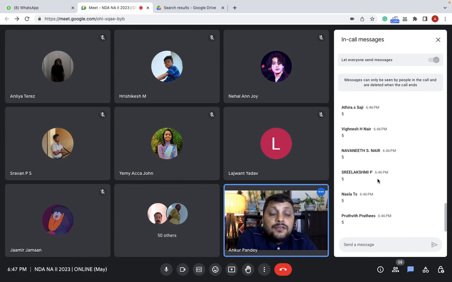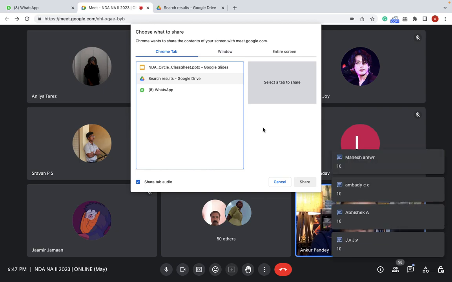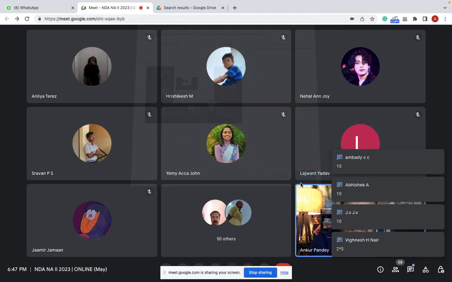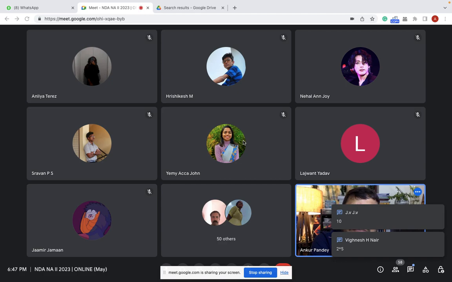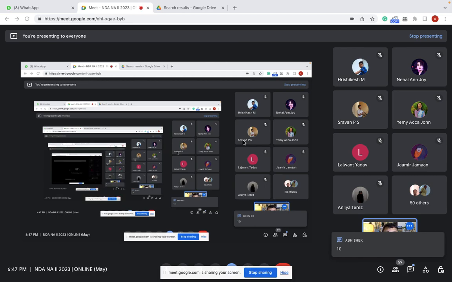Those who want to go to permutations and combinations, please send me a number 10 over the chat. 10 is winning. Flood is there. 10, 10, 10, 10.